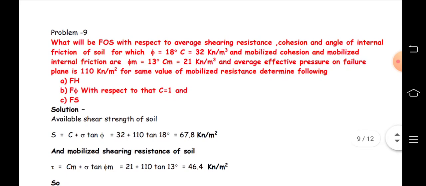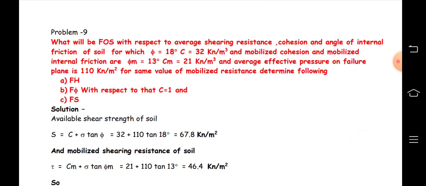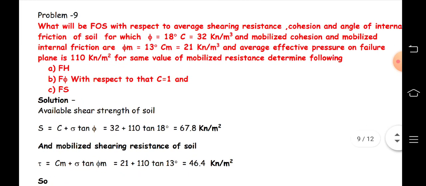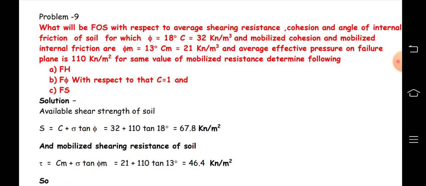For that purpose, soil properties are given, that is phi equal to 18 degree, C equal to 32 kilonewton per meter cube, and similarly the values of mobilized cohesion and internal friction, phi m equal to 30 degree and Cm equal to 21 kilonewton per meter cube, and average effective pressure, that is the normal stress sigma, 110 kilonewton per meter square.